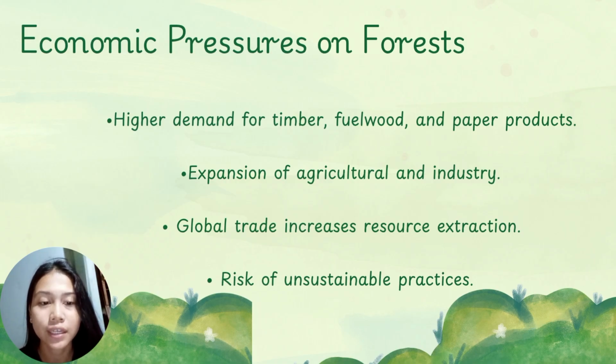So this explains forests provide valuable products such as timber, fuel wood, and paper. The increasing demand for these products can result in excessive logging and resource extraction. Economic activities may improve income, but unsustainable practices can damage forests and ecosystems.